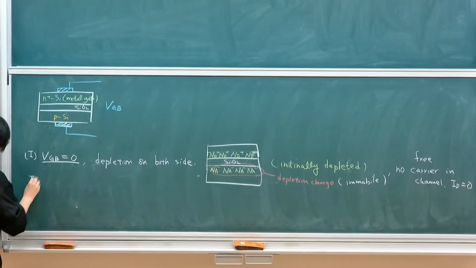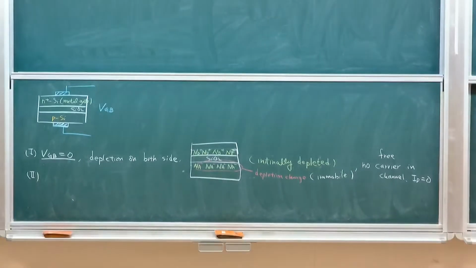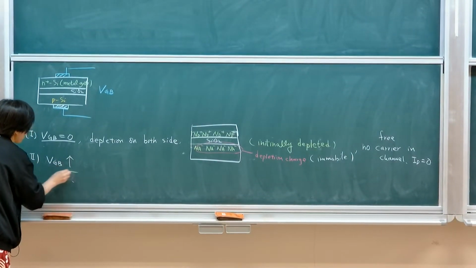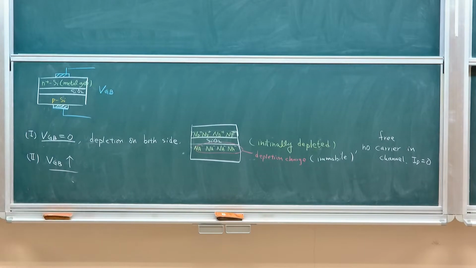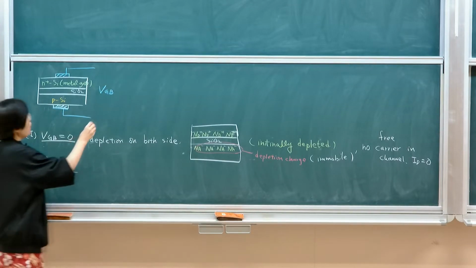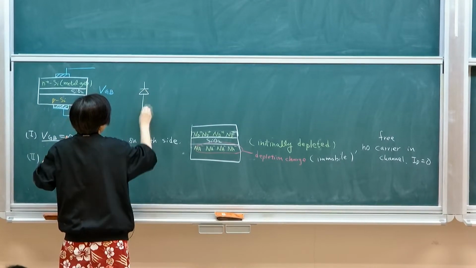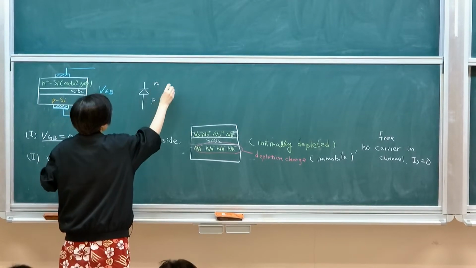The other thing is, what if I apply a positive gate voltage? So I'm increasing the positive gate voltage. Remember, if I take this out, this is a PN junction.